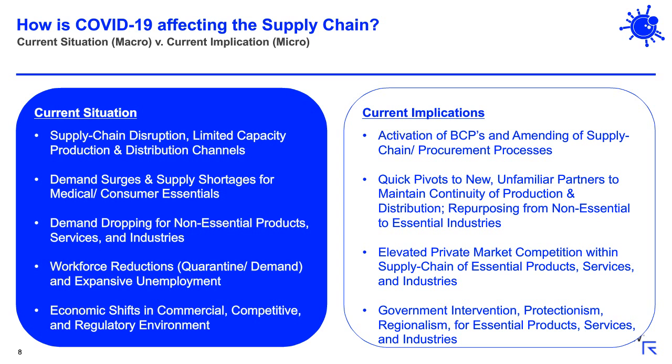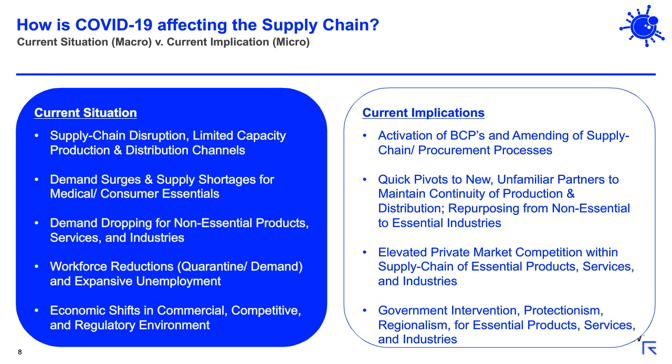Within these 4 specific points of our current situation, they resulted in elevated private market competition within the supply chain for essential products, services, and industries, as we've seen all over the news with PPE. And I'm going to get to the next point, with people now discussing certain protectionist mentalities around food, which leads me to the economic shifts overall in commercial, competitive, and regulatory environments.